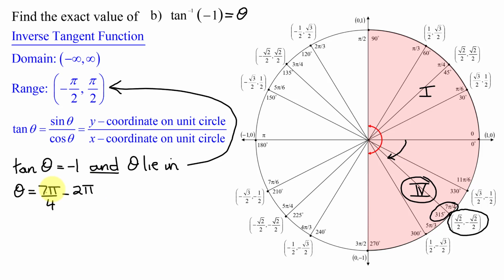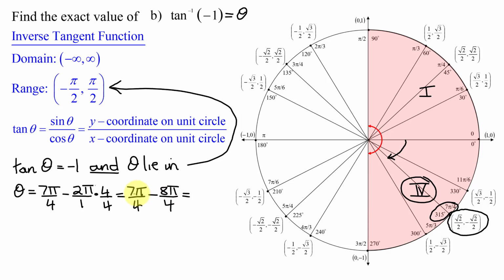And then as you have a fraction and a whole number, turn the whole number into a fraction by dividing it by 1. I need a common denominator of 4, so I'm going to have to multiply numerator and denominator by 4. So I get 7 pi over 4 minus 2 times 4 is 8 pi over 4.